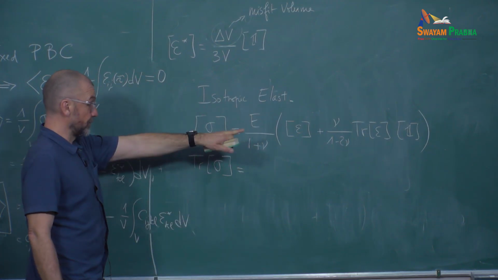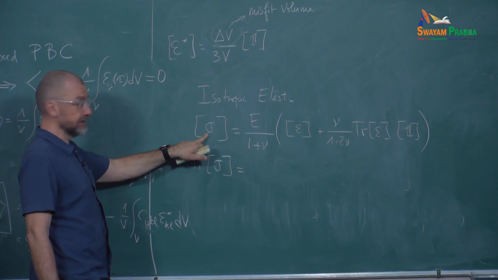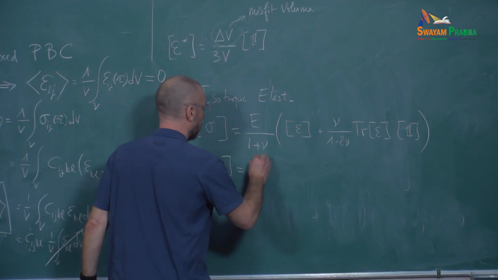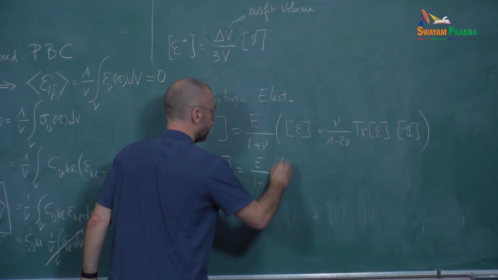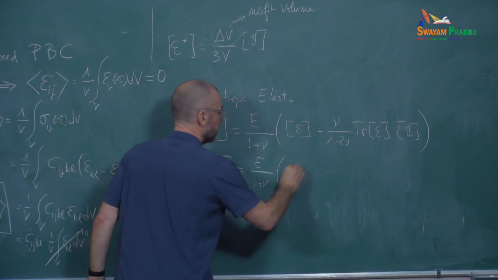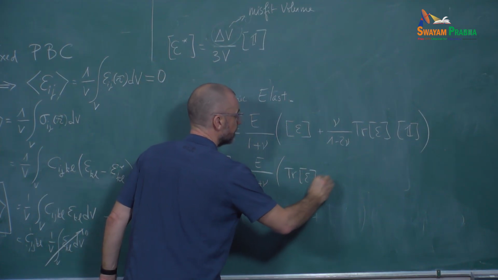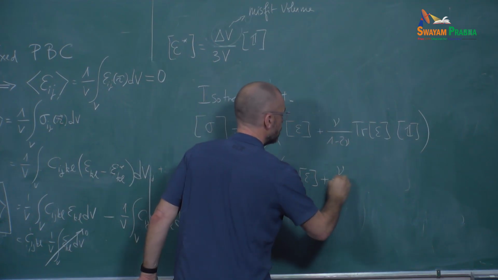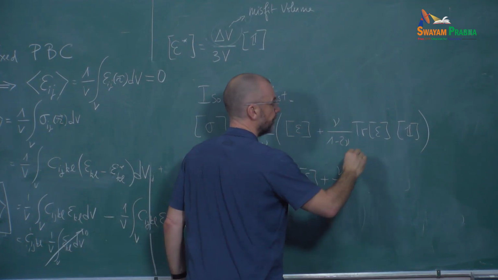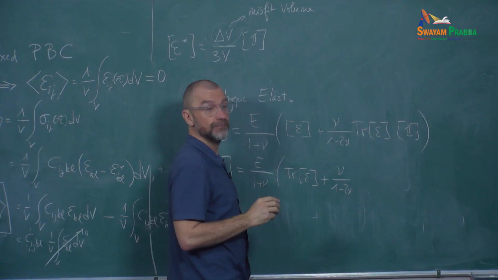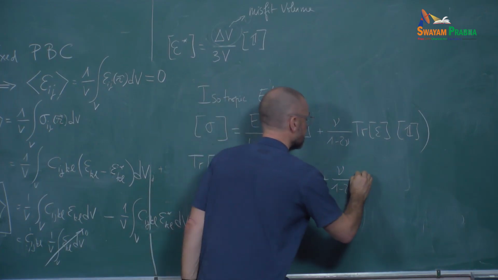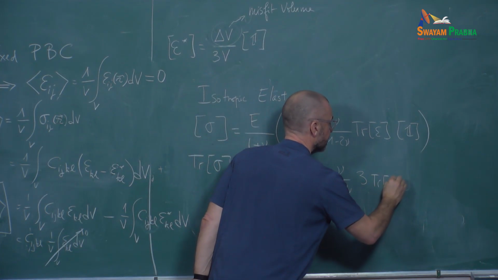So if I take the trace of that matrix, that gives me E over 1 plus nu, and then that would be the trace of epsilon. Now I have plus nu times 1 minus 2 nu. And the trace of this is 3 times the trace of epsilon.